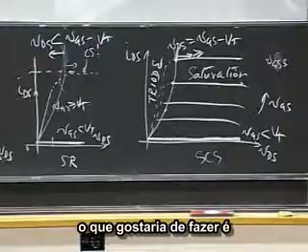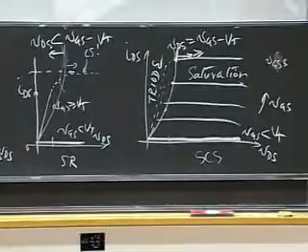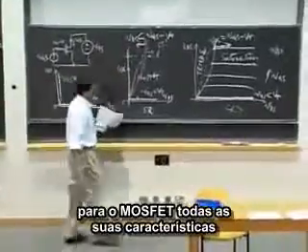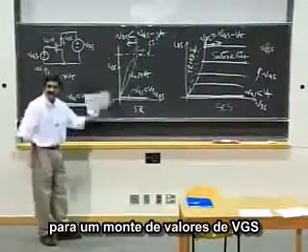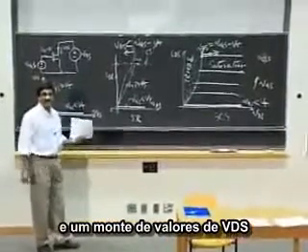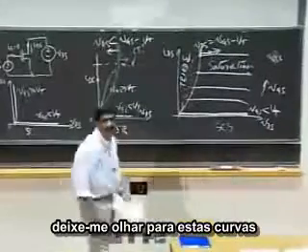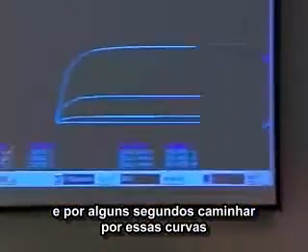So what I'd like to do is show all the curves. We've plotted for you, for the MOSFET, all its characteristics in its full glory for a whole bunch of values of VGS and a whole bunch of values of VDS. And let me stare at those curves with you for a few seconds and walk you through them.